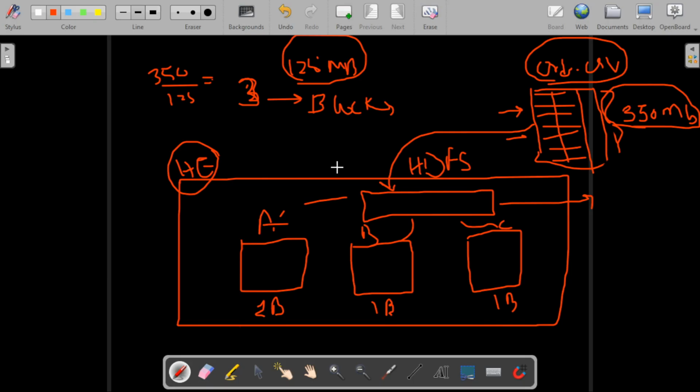I repeat, we have a Hadoop ecosystem and we have the HDFS system. Once we upload any file to HDFS, it is broken down into blocks of 128 MB each, and each block is shared across different workers. So we have three blocks and three available resources.